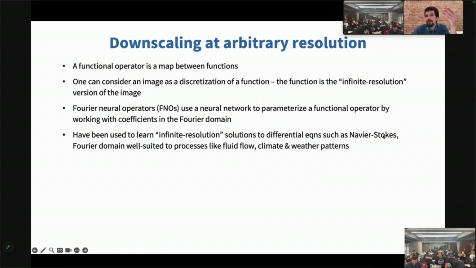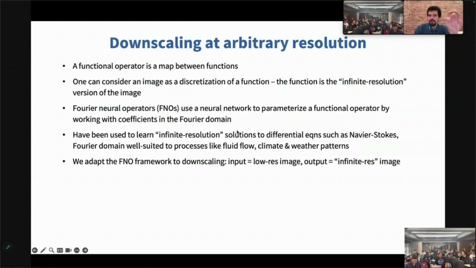In particular, fluids: climate and weather is basically just fluid flow in the ocean or the atmosphere, and those are differential equations. Do some keyword search: differential equations, fluids, fuzzy things like that. They work well with Fourier coefficients. That's how people think about them. Acoustics is also really good for Fourier coefficients. That's sort of the natural way to think about them. And so the Fourier neural operator is a technique that's been used to process this kind of data.